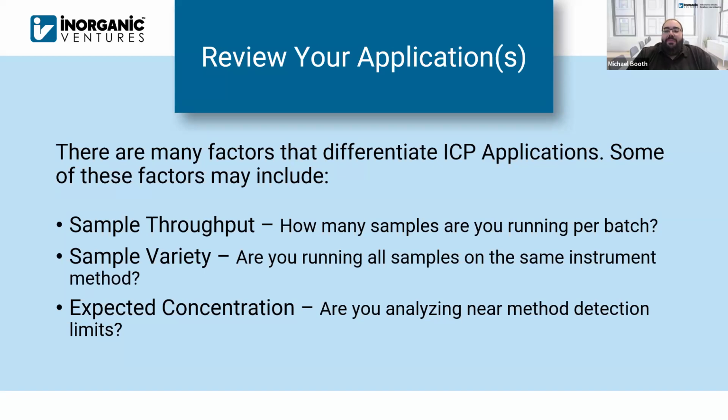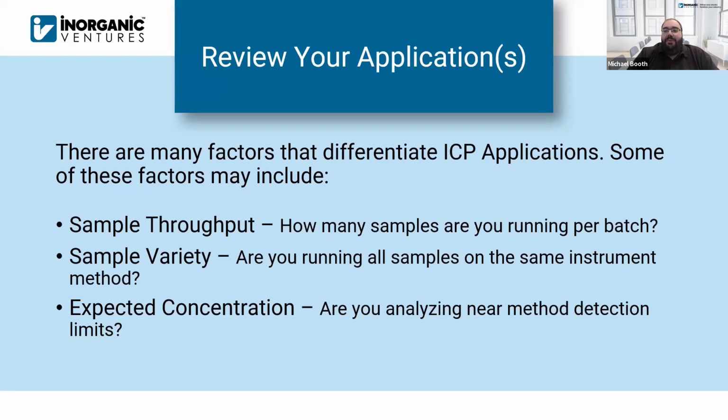What's the variety type of your sample? Are you getting in a wide variety of samples, or are you typically running the usual type of samples? They're all pretty similar. An example of this might be if you're running a lot of drinking water samples, or maybe you're getting in sample types that are just off the wall.